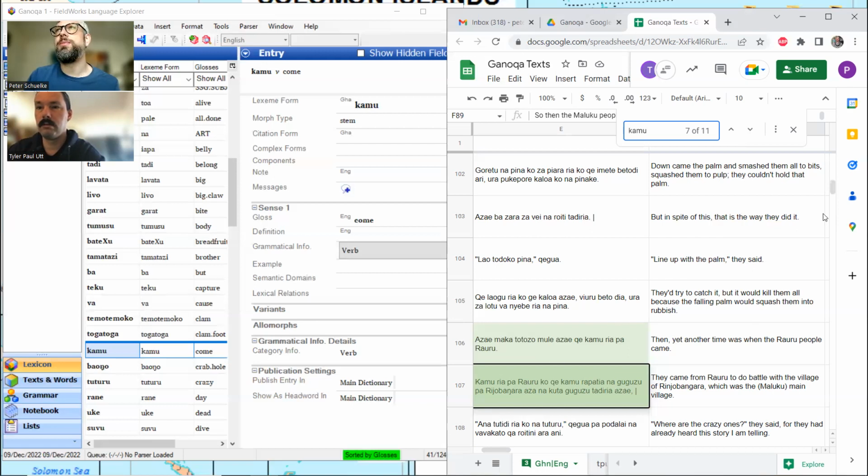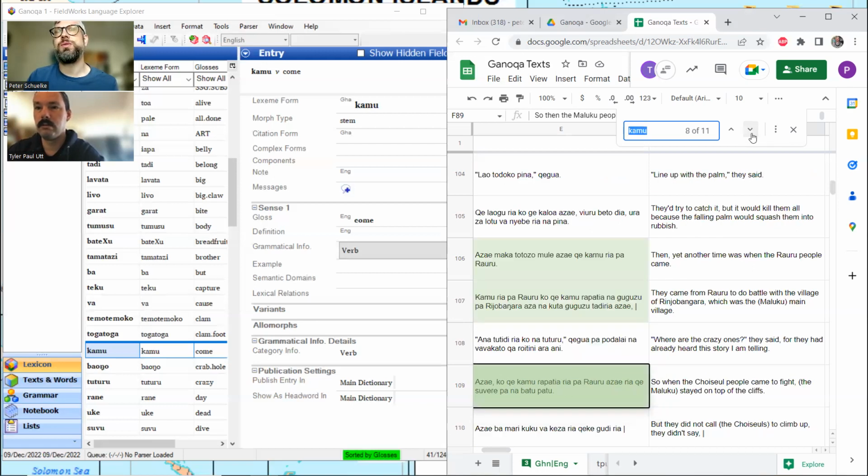Let's see a little more kamu and see if we can figure out what's the difference between kamu and lame. That's right. Ge kamu. So when the Choiseul people came to fight, they came them from Rauru. Rapatia, we don't know what rapatia means quite yet. Maybe fight, probably.